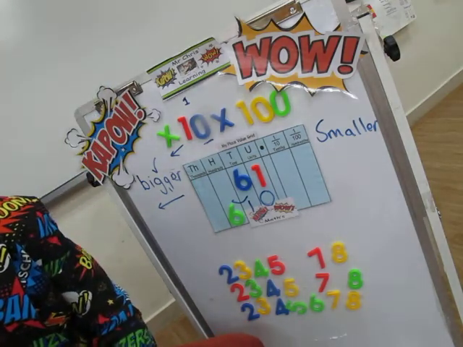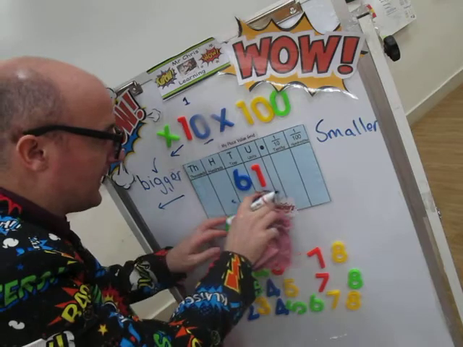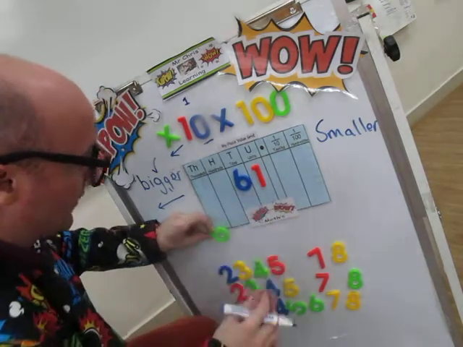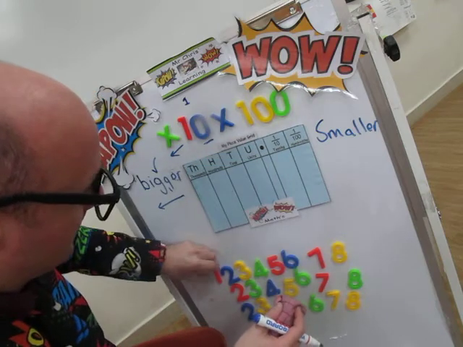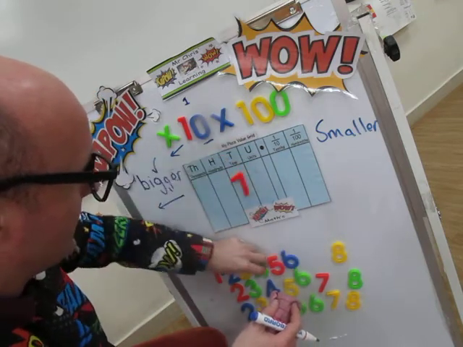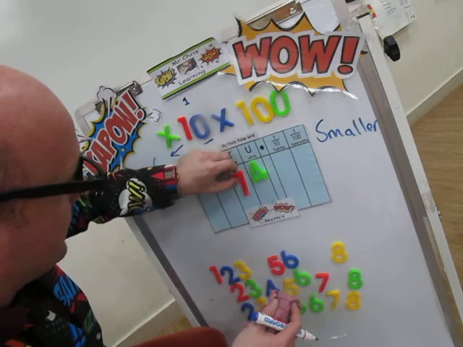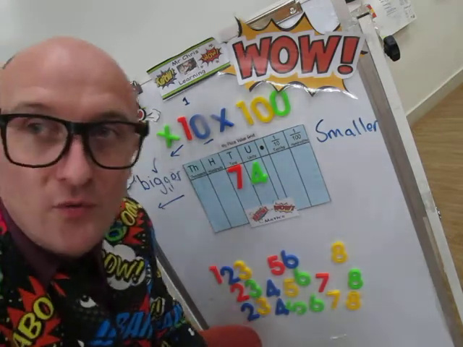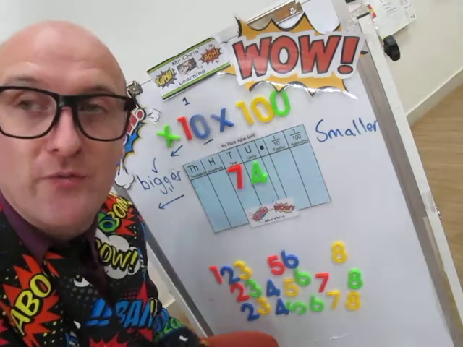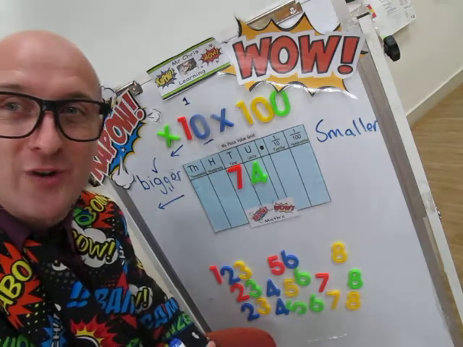Excellent. Let's see if I can do a really hard one now. So let's put that one away. Let's do 74. What is 74 multiplied by 10? Well done, don't shout the answer out. Right, let's see.